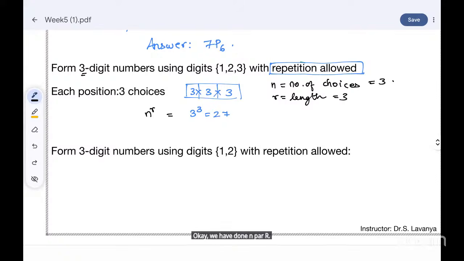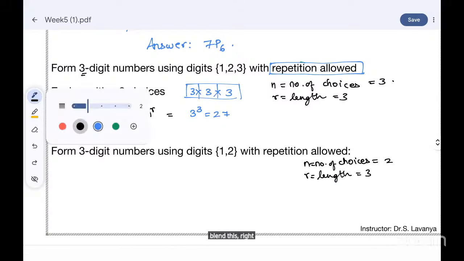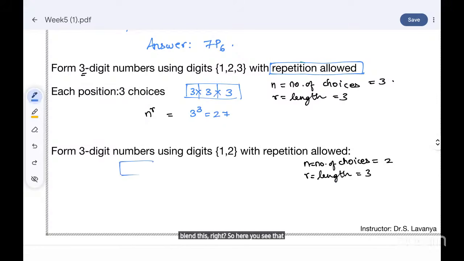Now the same. Here what is the number of choices? 2, ma'am. Number of choices is 2. And what is the length we are considering? 3. Length is 3. So you have 3 places to fill.